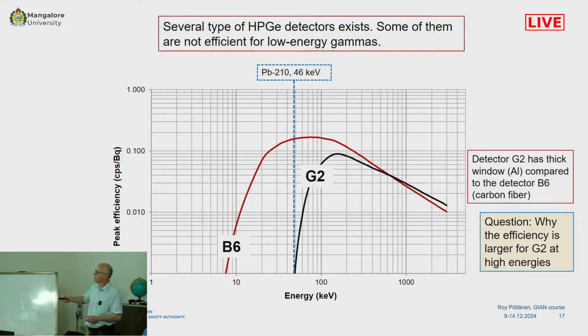So can you explain, okay, you don't know the detector type, but can you explain why the efficiency here is higher than for this detector, which is a planar detector? Do you have any suggestions?